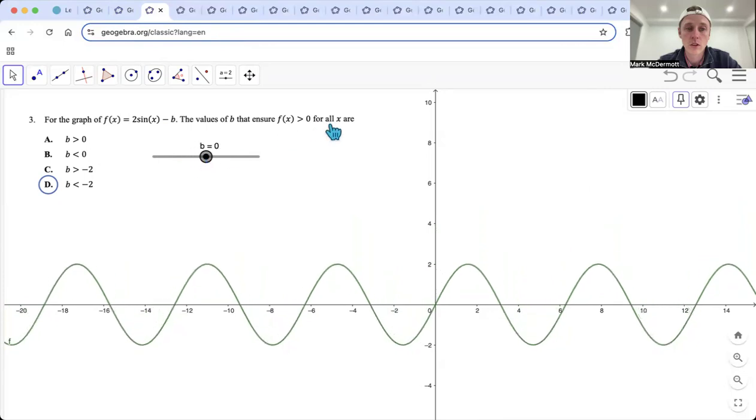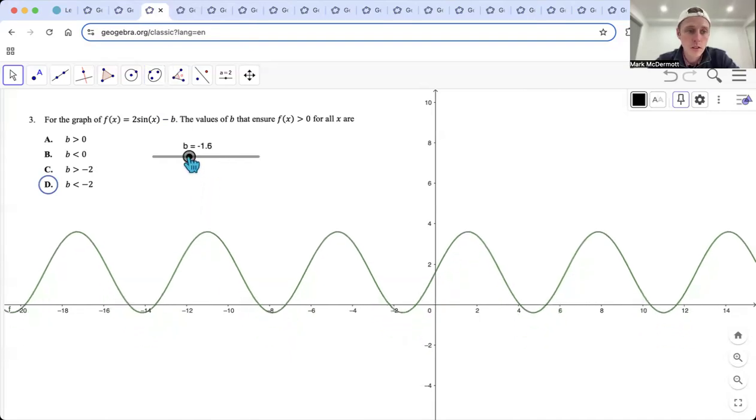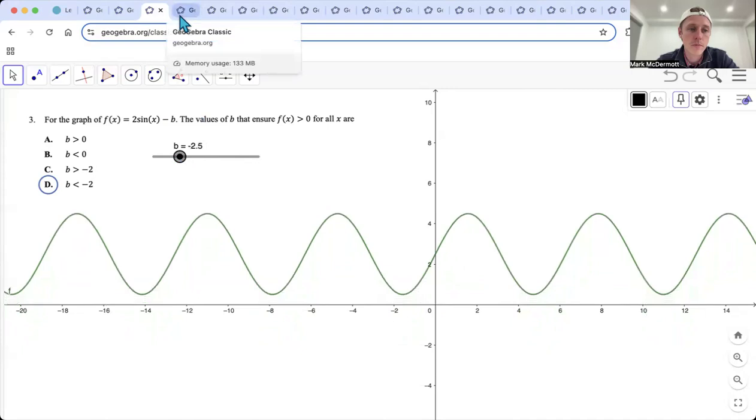It's a bit tricky because this is minus b, so substituting in a number less than -2 makes it positive overall. You need to shift it up more than 2 because 2 is the amplitude. So the answer there is less than -2.